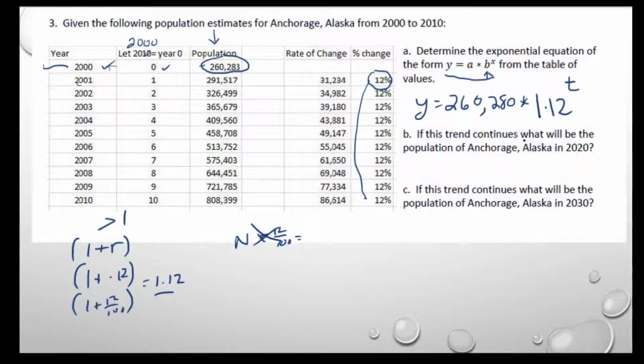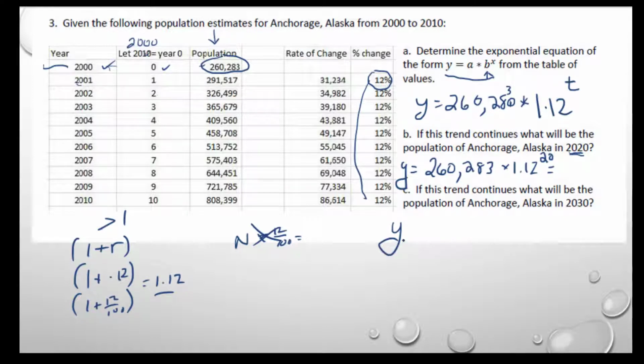If this trend continues, what will be the population of Anchorage, Alaska in 2020? You're not going to put 2020 in for the input T. What are you going to put in for the input T? If you answered 20, you'd be correct. Put that in your calculator.